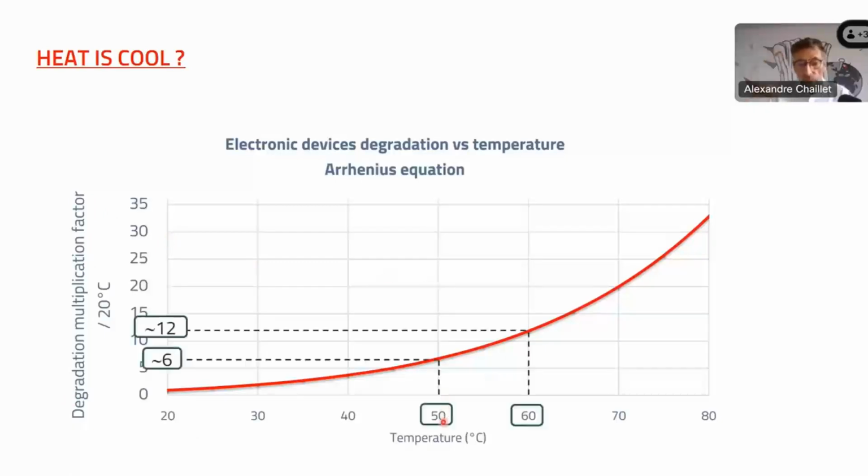Take an example: we go from a temperature of 50 to 60 degrees Celsius. We see that the degradation multiplication factor will be doubled. So what does it mean for a component? Simply that you will divide by 2 the lifespan of your component. This is a lot. Each 10 degrees, you will divide by 2 the lifespan of your component.